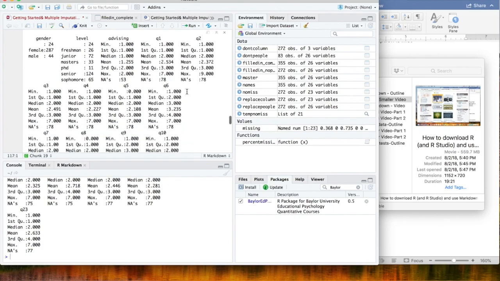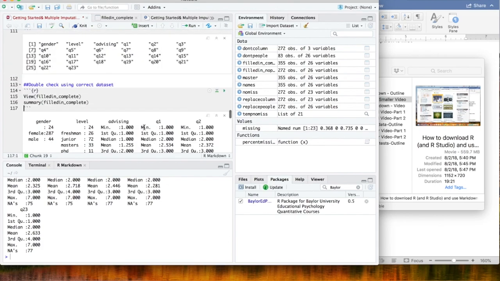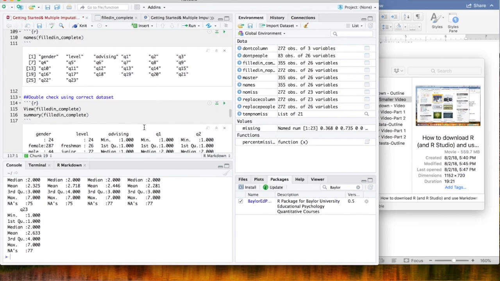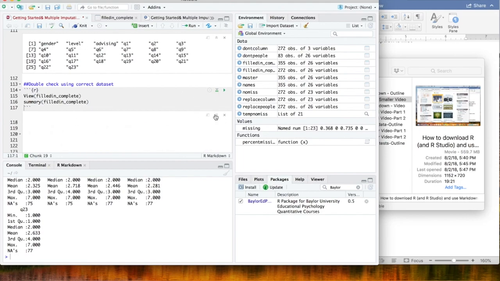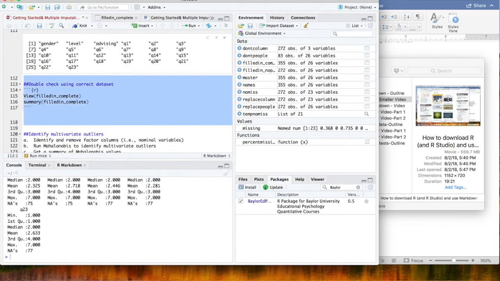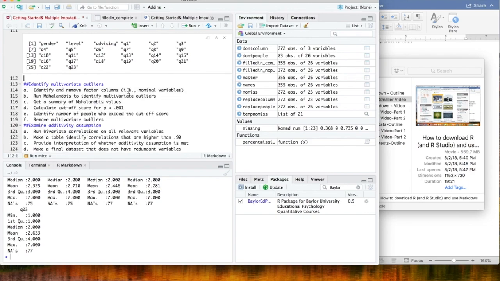For question 1, 2, 3, you still see the NAs. The reason is that there probably were rows and columns that had more than 5% missing data. So those are the ones that we didn't want to touch. We just wanted to deal with those that had less than 5%.